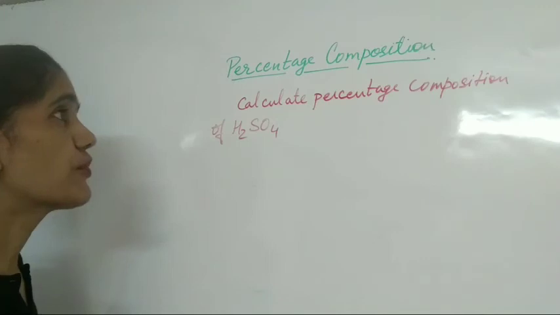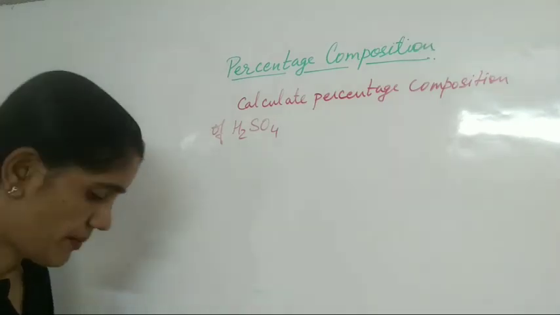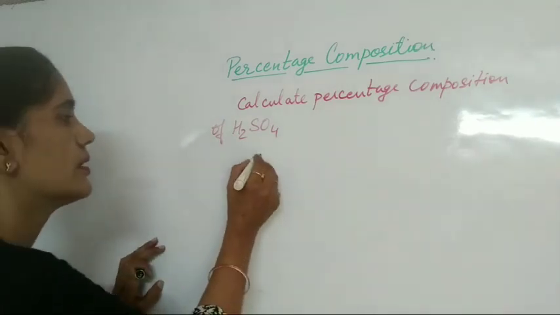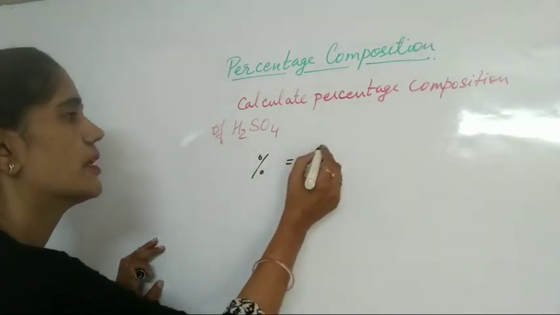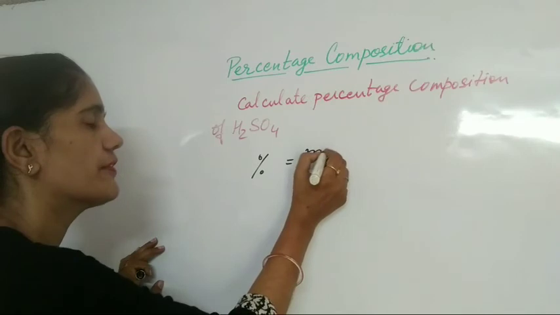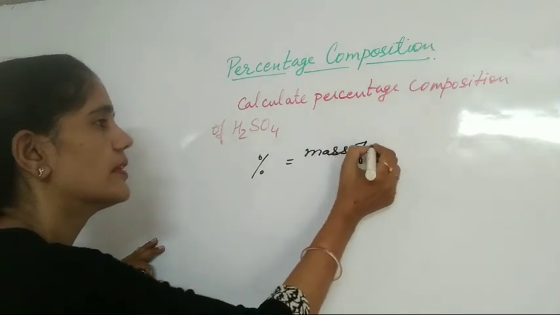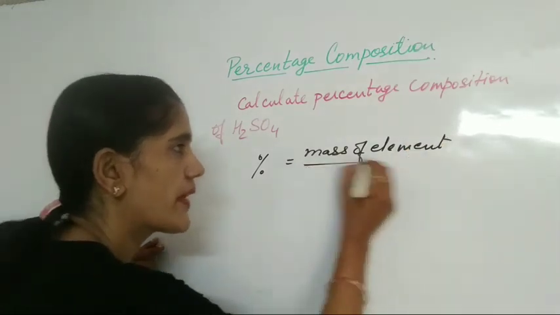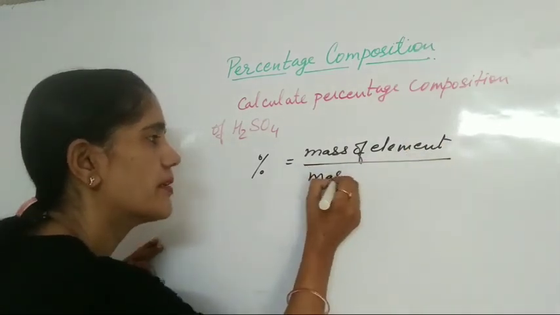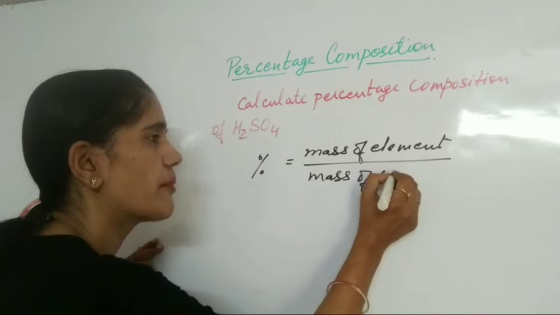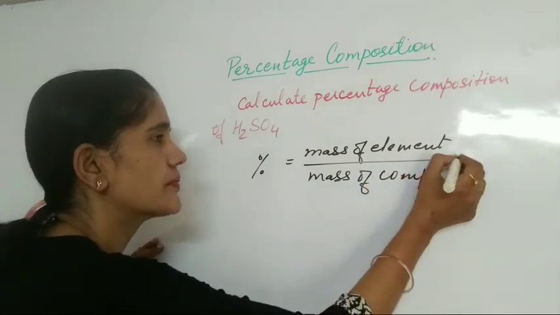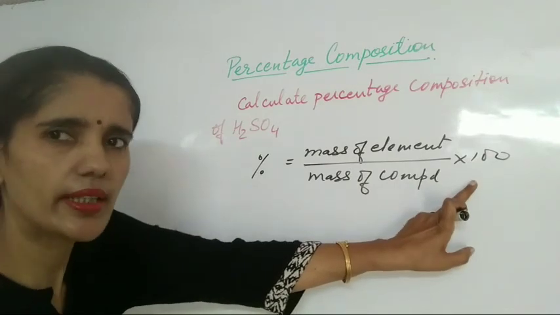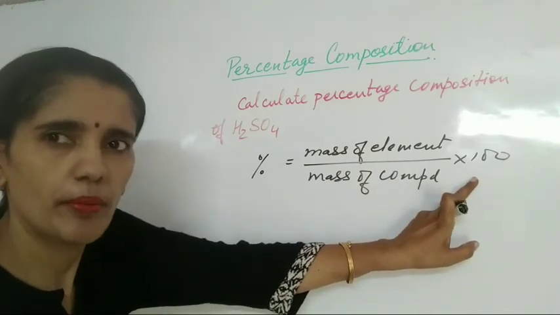So the formula is percentage composition equals mass of element divided by mass of compound into 100. You all know that whenever we calculate percent, it should be multiplied by 100.